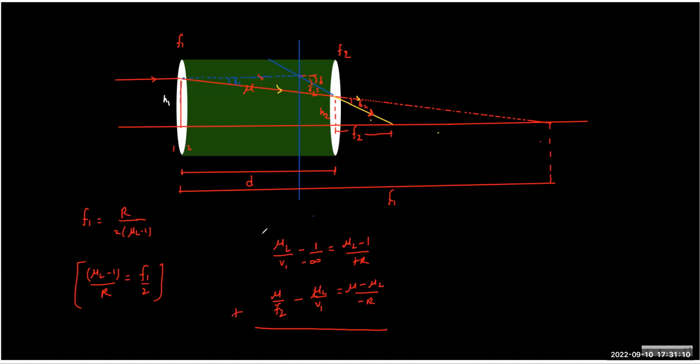If I add these two, this will cancel out. Mu by F2 equals to mu2 which is coming.